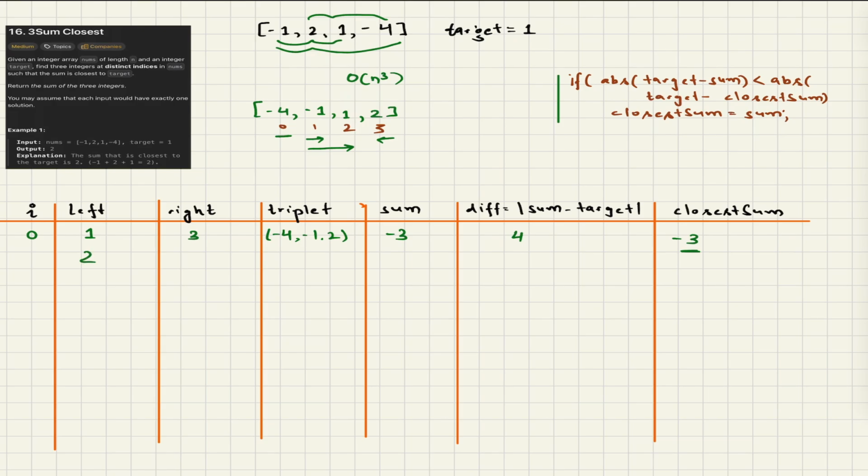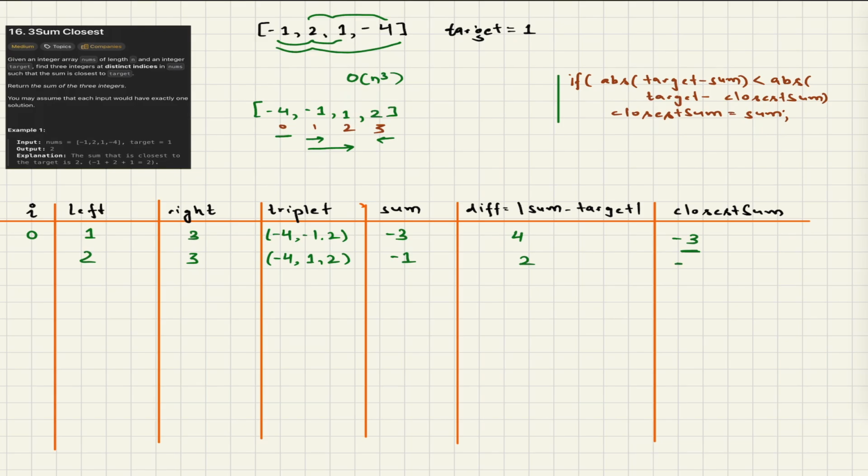So my left becomes 2, my right is 3, and the triplet that I have in hand is -4, 1 and 2. The sum is nothing but -1. The difference between them is 2.